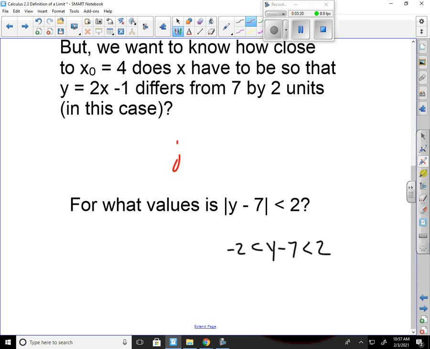Now in order to solve for y, I add 7 to both sides. This gives me y is less than 9 and greater than 5.